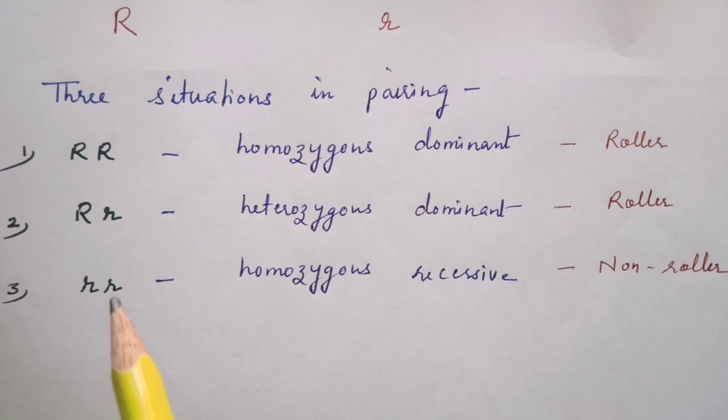Third condition, where both the genes are recessive. As both the genes are similar, this condition is also known as homozygous, but it is recessive. And obviously, in the absence of any dominant gene, this person becomes a non-roller. That means he cannot roll his tongue.